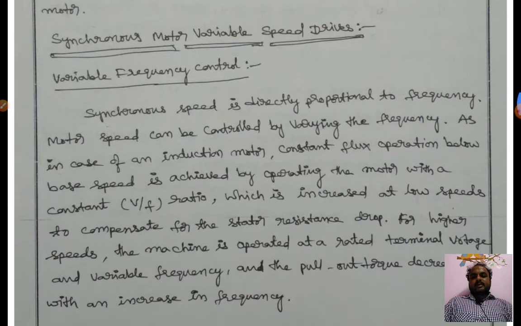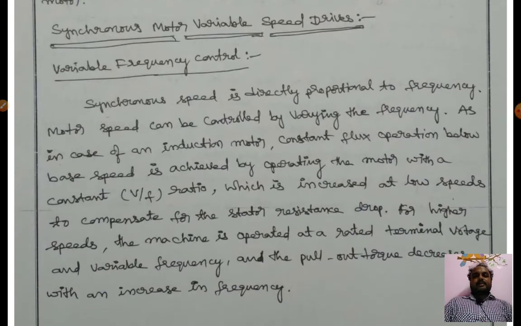Next one, synchronous motor variable speed drives. First is the variable frequency control method. Synchronous motor speed is always directly proportional to frequency. The motor speed we can control by varying the frequency.